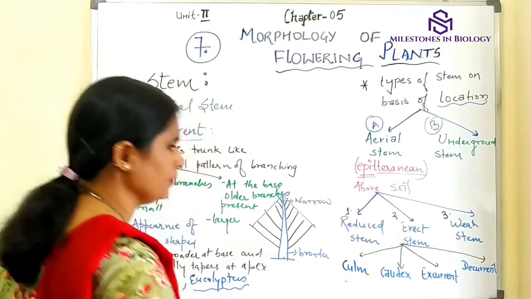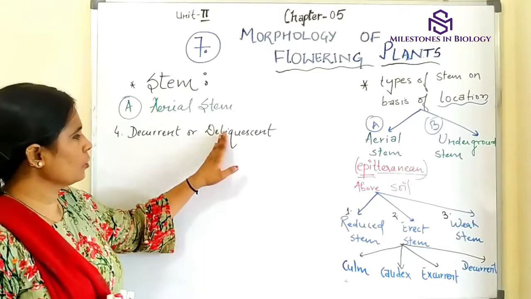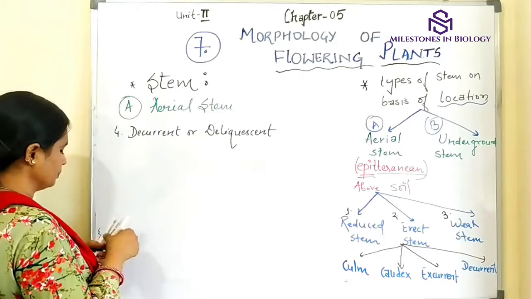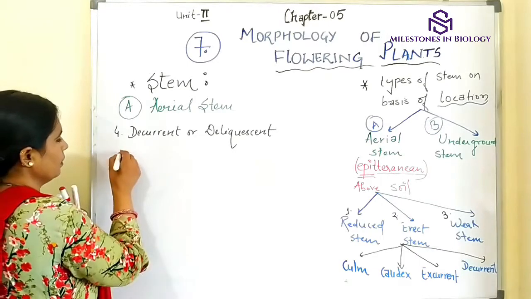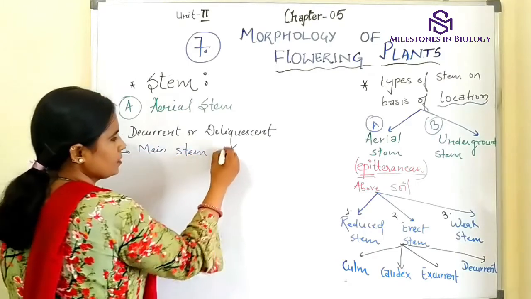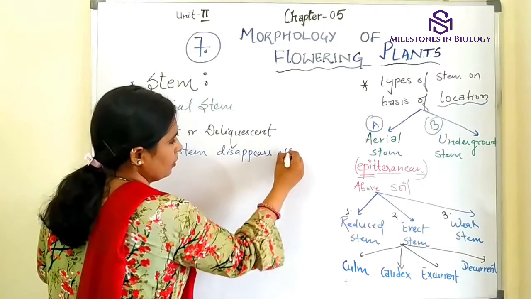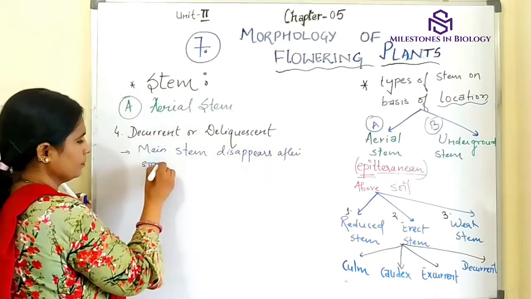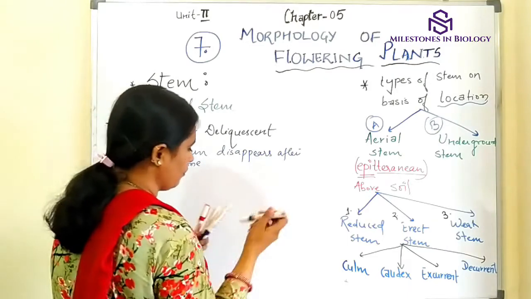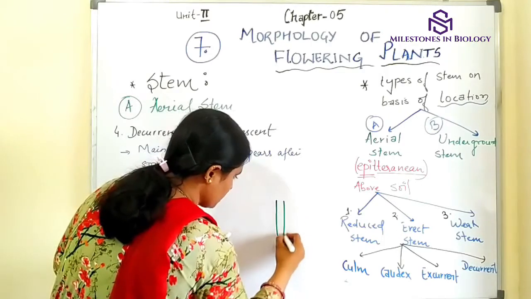Now the next, the last type of erect stem, is decurrent, or you can also call it the deliquescent type. In this kind of stem, the main stem disappears after some time. This is the main stem.